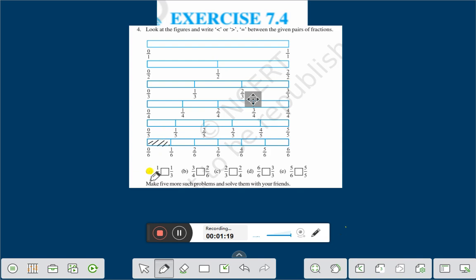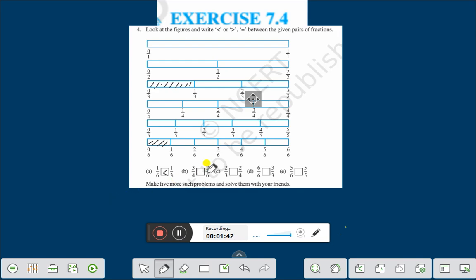This part is 1 by 6. And 1 by 3, you find this is 1 by 3. Right, this 1 by 3. That means from the figure you can say that 1 by 3 is greater than 1 by 6. Right, that is 1 by 6 is less than 1 by 3.